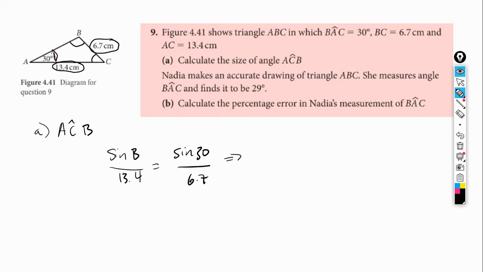So this implies that the inverse sine of sine of 30 times 13.4 divided by 6.7 is actually going to give us angle B. So let's find angle B first.